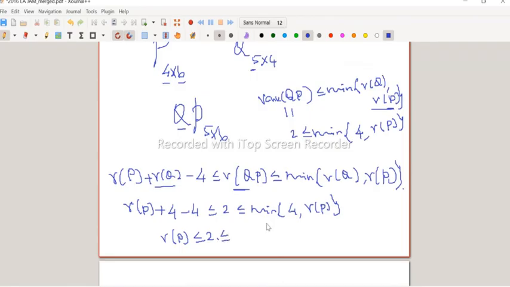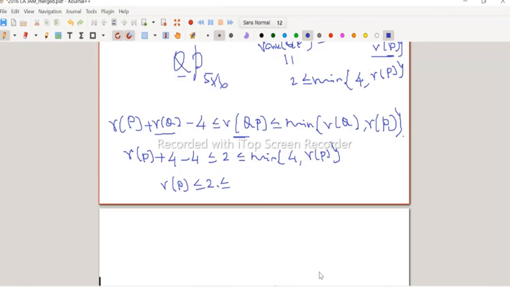Okay, and we know that the minimum of 4 comma rank of P is at least 2. Therefore definitely the rank of P should be greater than or equal to 2. The minimum of these two numbers is bigger than or equal to 2.